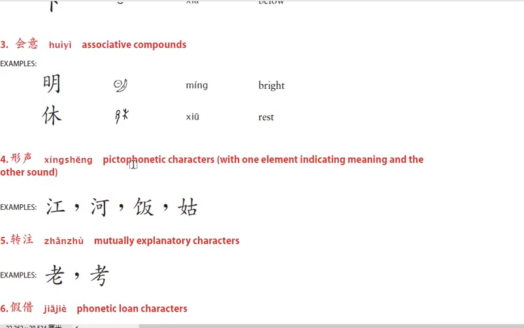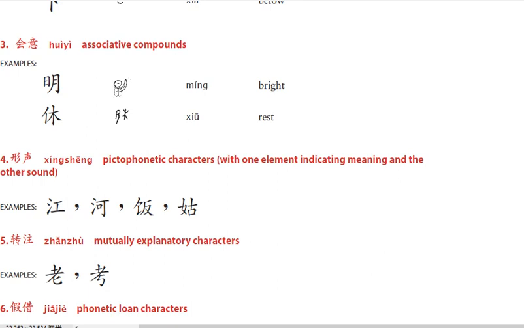Category 3 is called 会意, meaning associative compounds. What does this mean? Let's see the example. For example, 明 means bright. 明 in Oracle Bone script is written like this way. This represents the sun, this represents the moon. Both sun and moon give light to the world, so they are both bright.